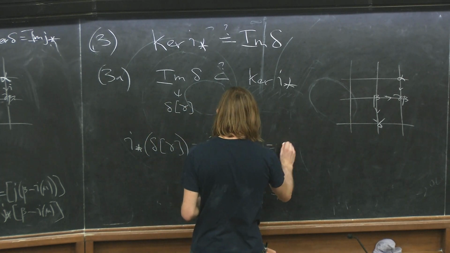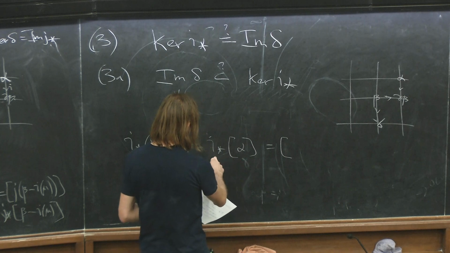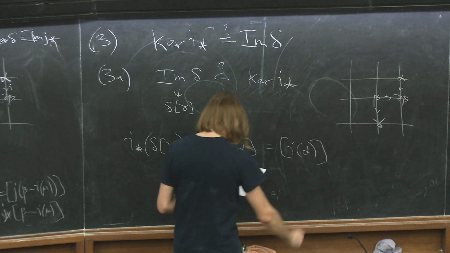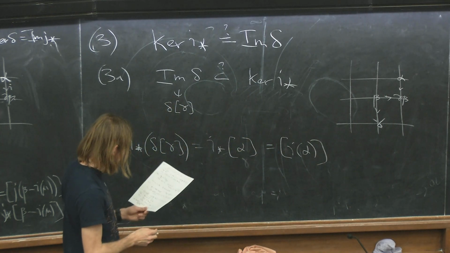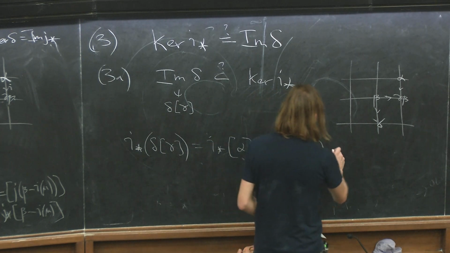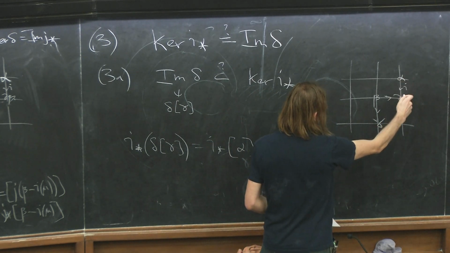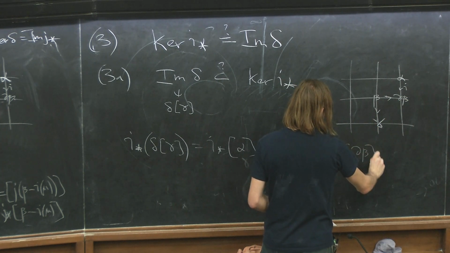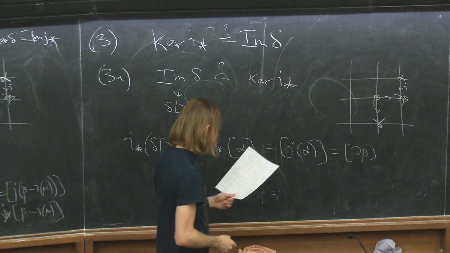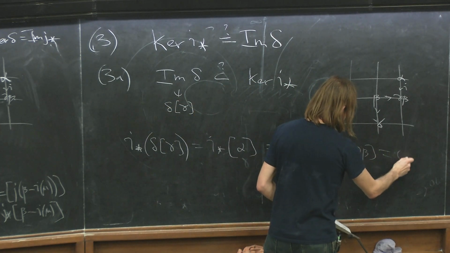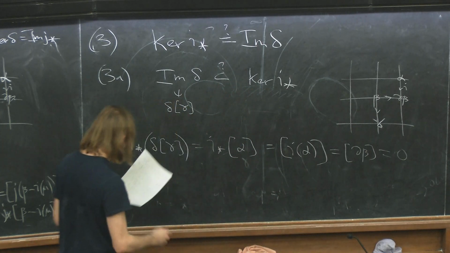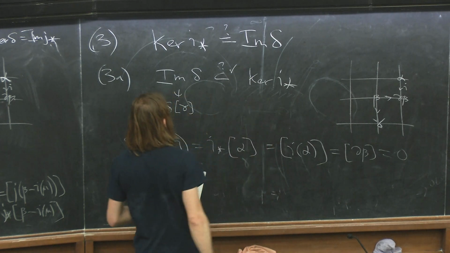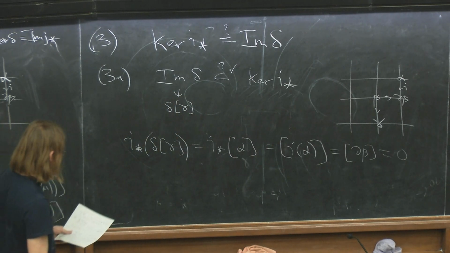And by definition of this I star, this is the same as a class of I applied to alpha. But this I applied to alpha gives us beta, and D of something is trivial in homology, so it's 0. So this was relatively easy compared to other cases.